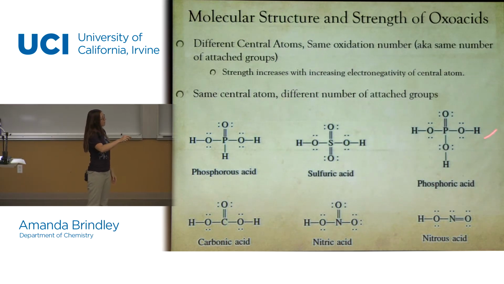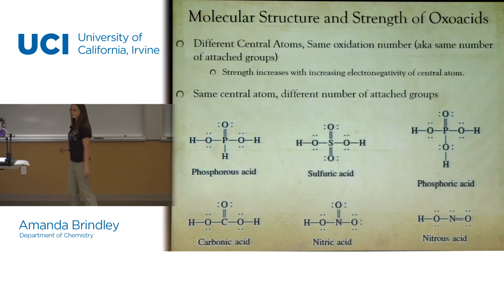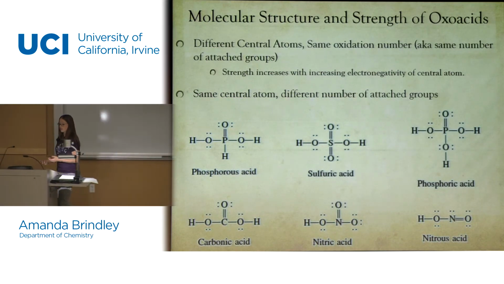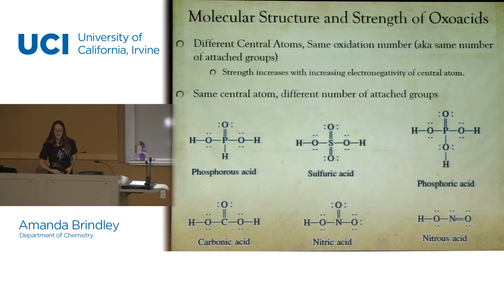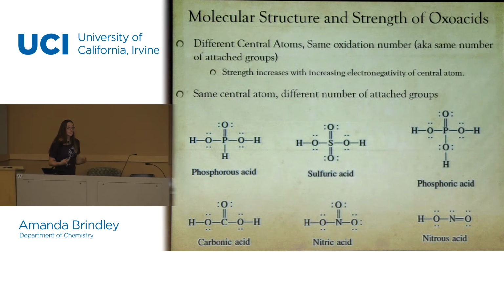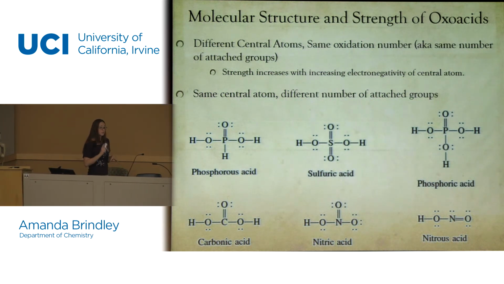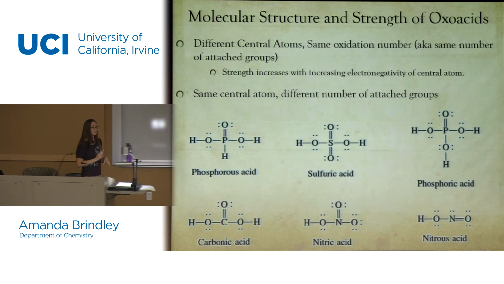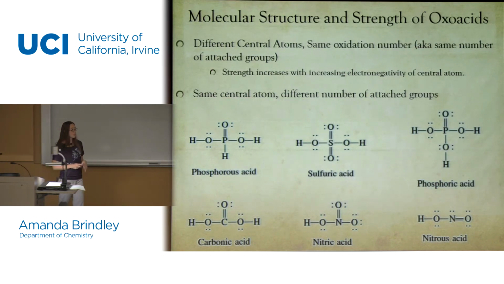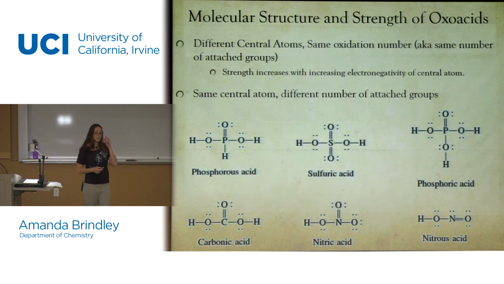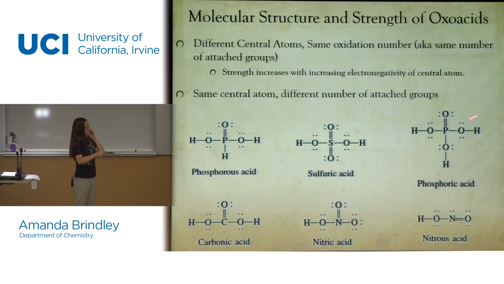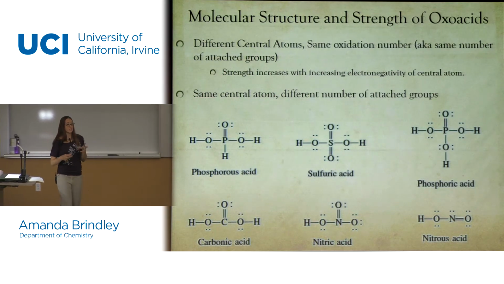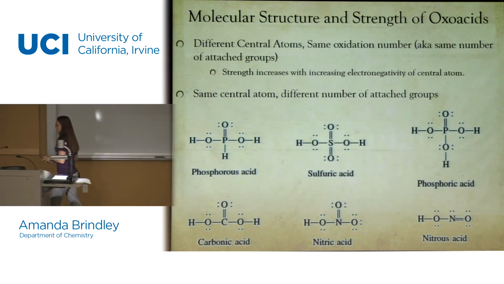So if we take off this hydrogen, we put a negative charge there. That negative charge has options on where it can go, and that helps out. We have more resonance structures. That helps out. And we have a higher oxidation number, which we'll talk about when we get to electrochemistry, which helps out as well. Because the way that the electrons are distributed makes it so that the central element doesn't have as much electron density on it.